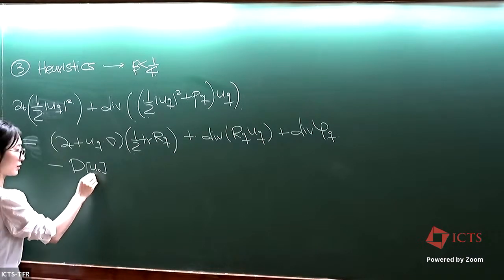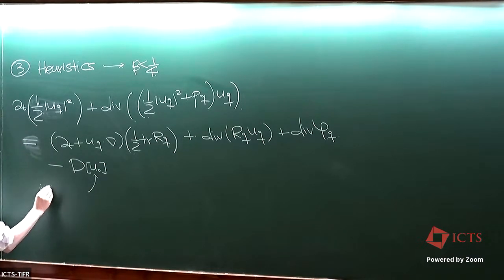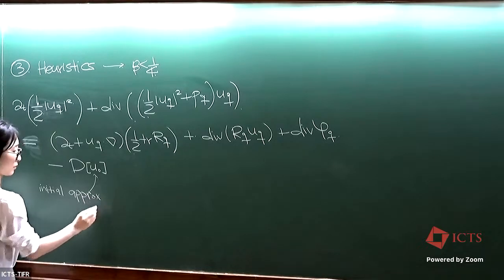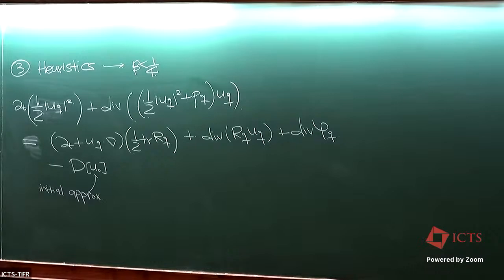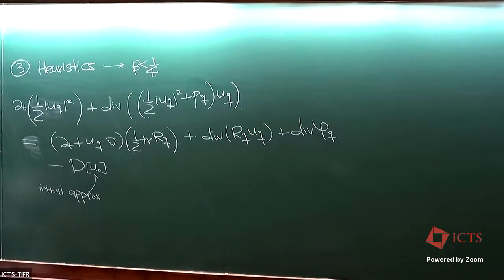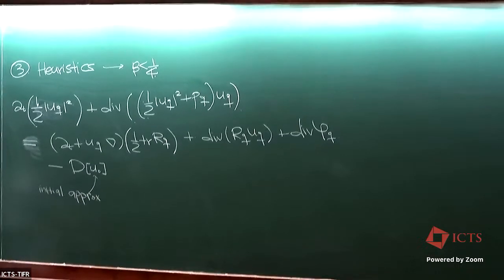So this is not initial data, this is the initial approximation. So at the zero step, the initial step, you generate this negative measure, and after that, you don't generate any negative measure.